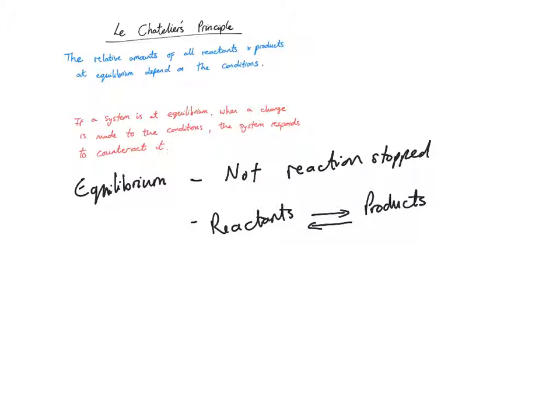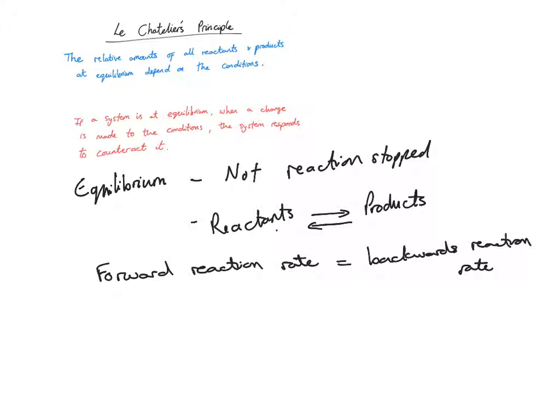Now, equilibrium is when the forward reaction rate, so this is reactants turning into products, is equal to the backwards reaction rate, where the products turn back into reactants. So if reactants turn into products at the same rate as products turn back into reactants, the relative amounts of the reactants and products won't be changing.